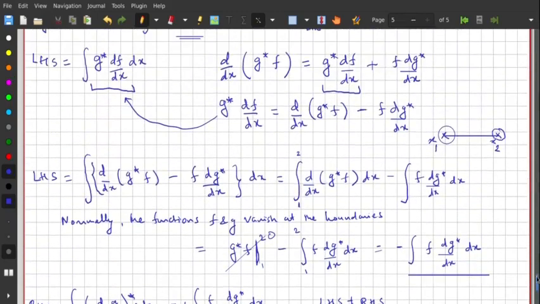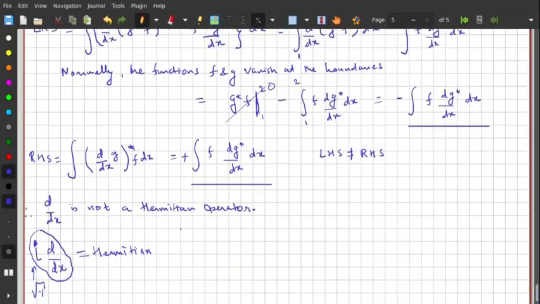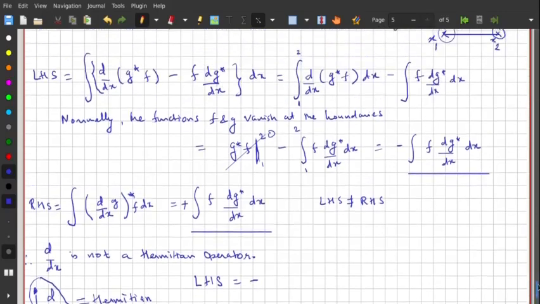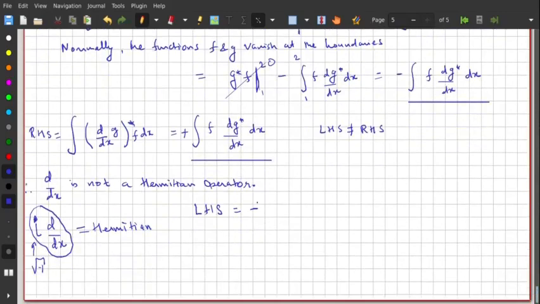If I skip the steps and just write the LHS, it will become minus, just like before, nothing changes. So it will become minus i times the integral of f dg star dx. That's the left hand side, because the operator is i d/dx, so we get an extra i factor.